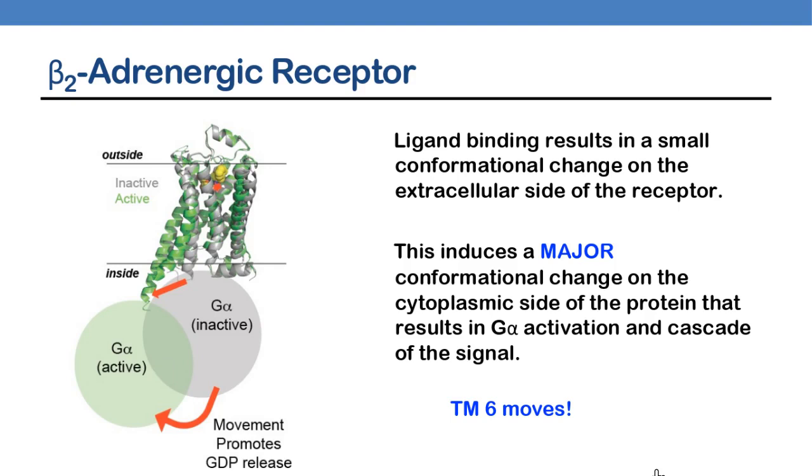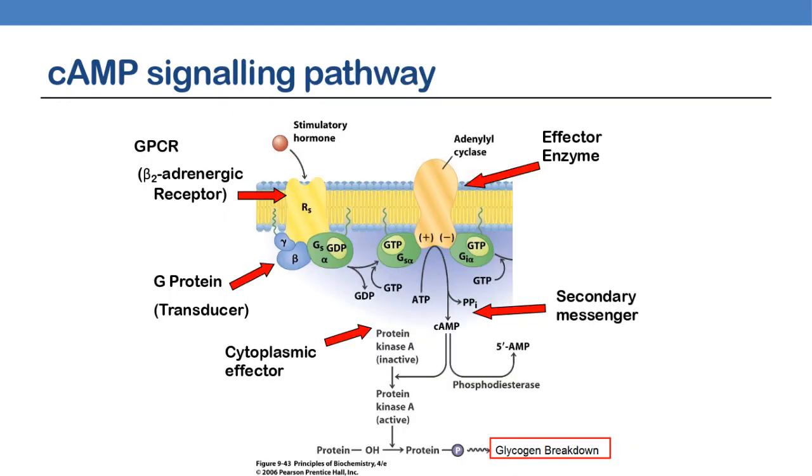All right, so the overall cascade of the GPCRs, oh my God, I keep saying that backwards, I'm sorry, GPCR, is we have, for example, our beta-adrenergic receptor, and it's going to bind to a hormone. You're going to get that large conformational change of TM6, which is going to activate our G protein, which is our transducer.